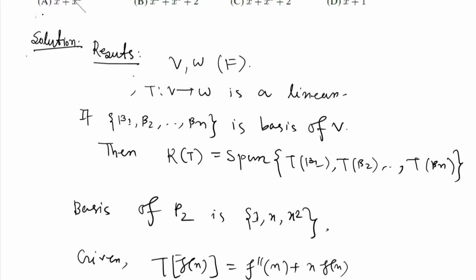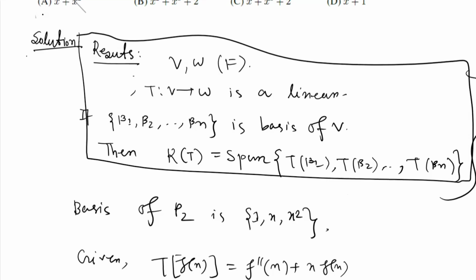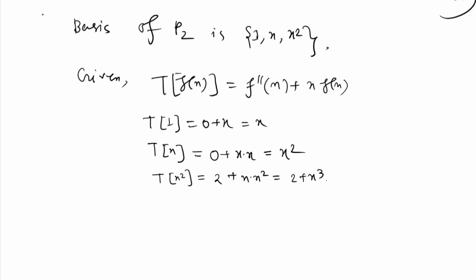So from the above result, we have the range of T is spanned by the set x, x square and 2 plus x cube.